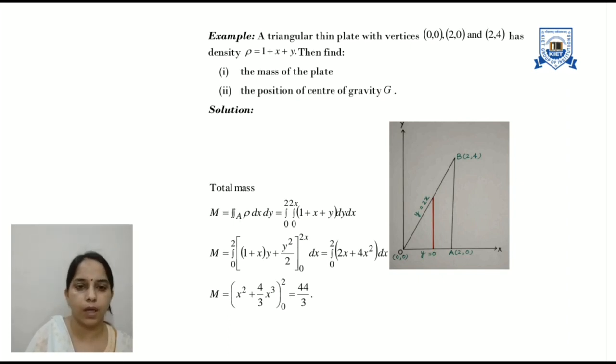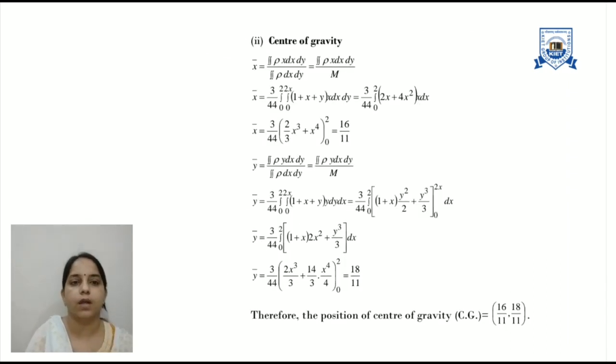Now we will calculate the position of center of gravity of this plate. The formula for x bar is x bar equals double integration ρx dx dy upon m. We have already calculated m, so putting its value directly from there, 44/3, we get x bar as 1 upon 44/3 double integration (1 plus x plus y) x dx dy under the limits for y as 0 to 2x and for x as 0 to 2.